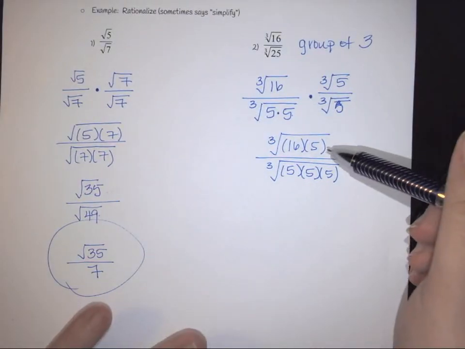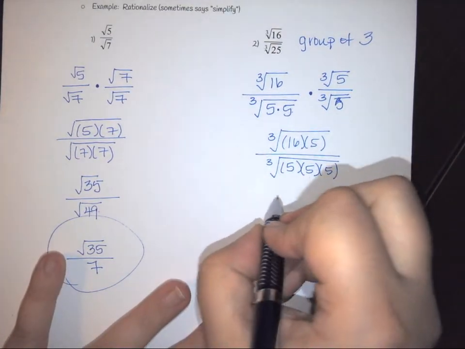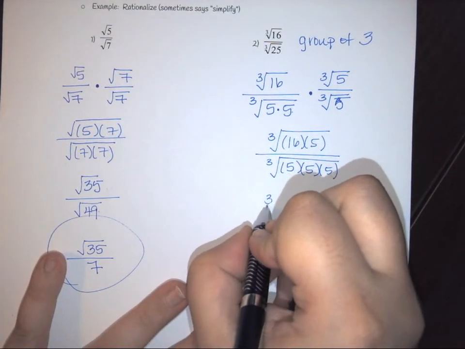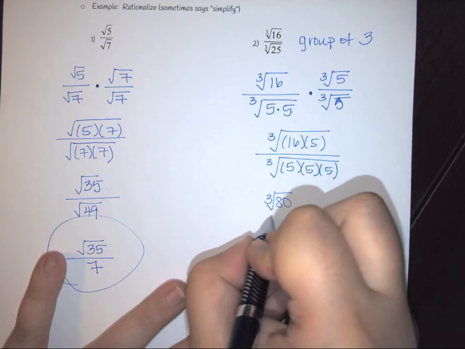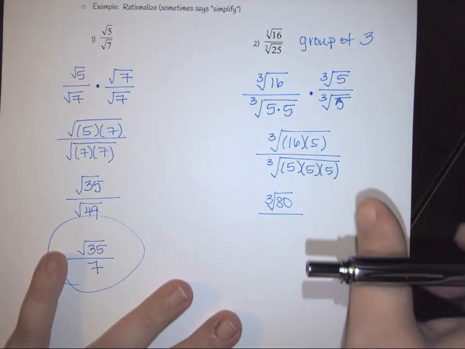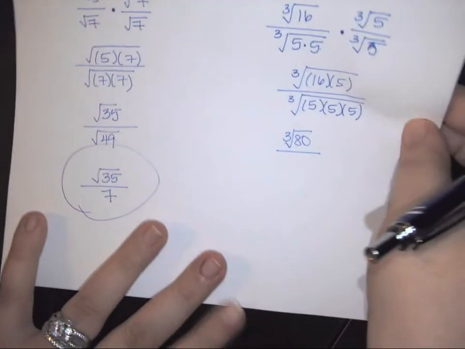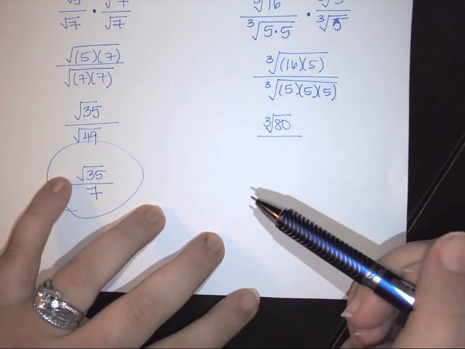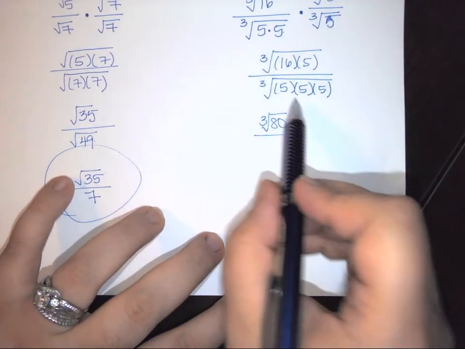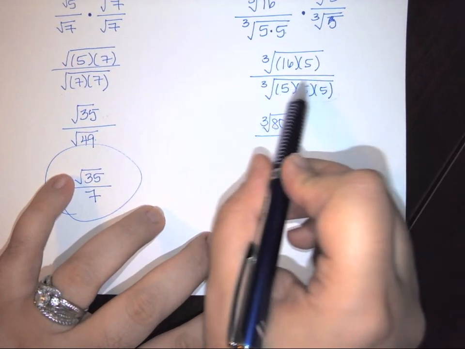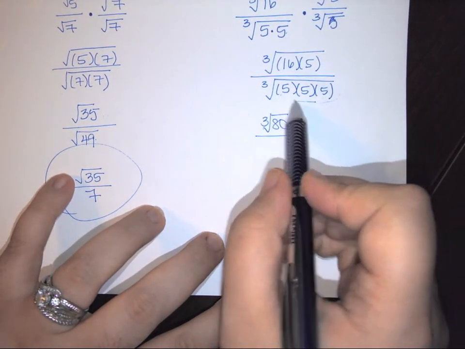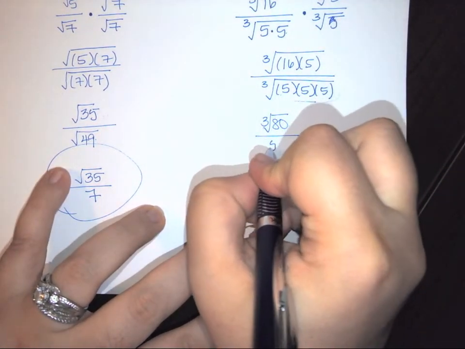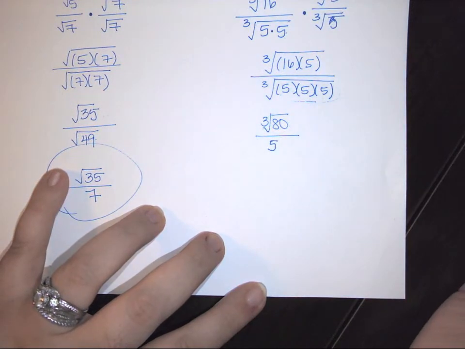So we know 16 times 5 is going to be the cubed root of 80. And I know that 5 times 5 times 5 is technically 125, but what I also know is that I have my group of 3 here. Therefore, what pulls out is 5.